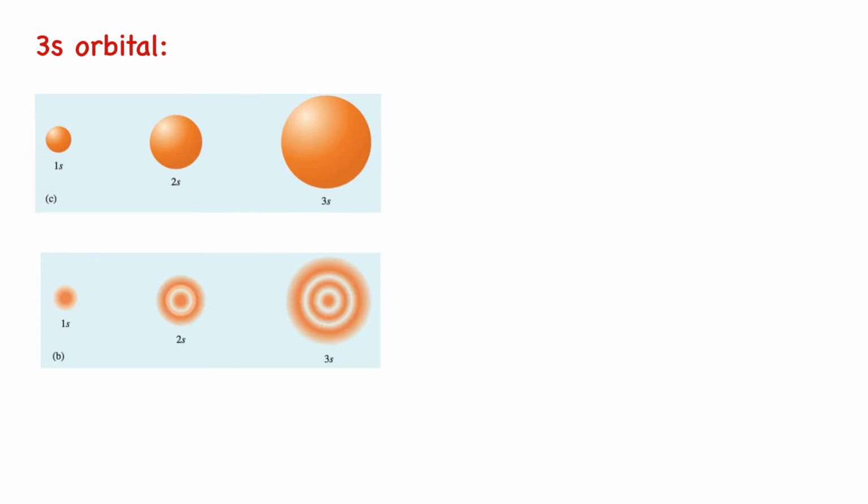Next, we look at the 3s orbital. The 3s orbital is again spherical in shape, but is bigger than that of the 2s and 1s orbitals. If we look at the cross section, there are three regions of high electron probability separated by two regions of 0 electron probability, which are called nodes.